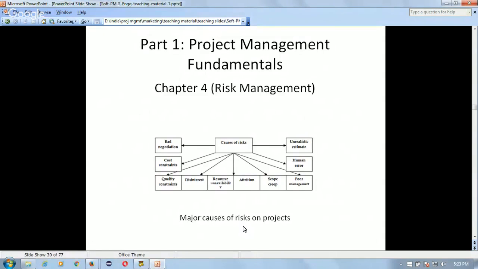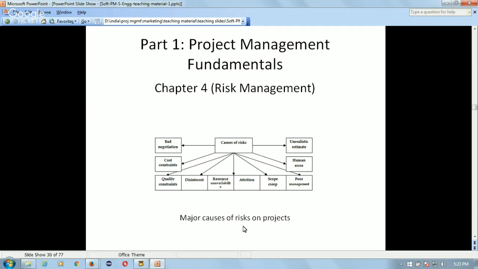Then scope creep can happen when the customers ask for changes in the requirements during the project, and so the amount of work which needs to be done increases, and the scope becomes much larger, and this larger scope could not be completed in time.